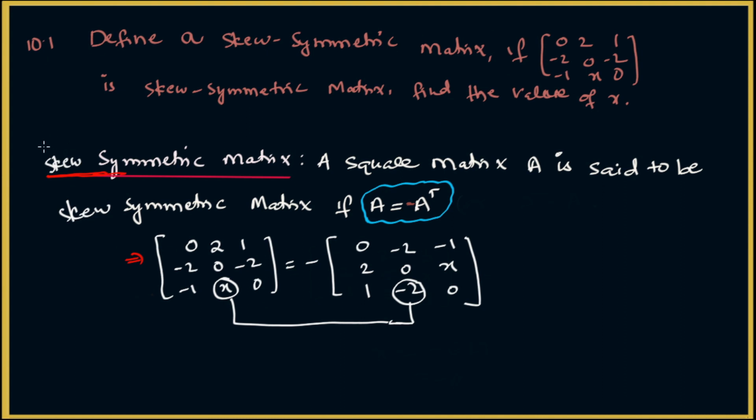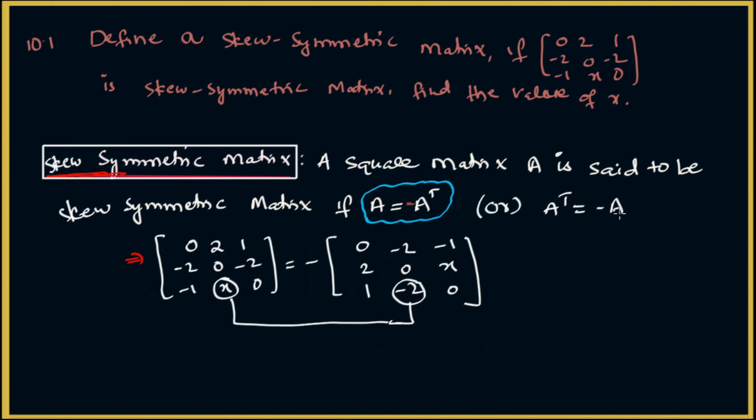What is a skew symmetric matrix? A square matrix A is said to be a skew symmetric matrix if A equals minus of A transpose, or A transpose equals minus A. A square matrix A is said to be a skew symmetric matrix if A equals minus of A transpose.